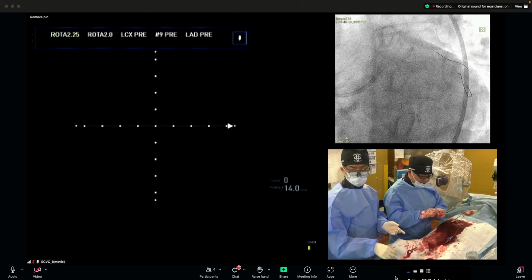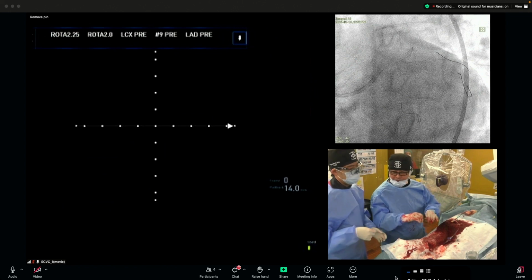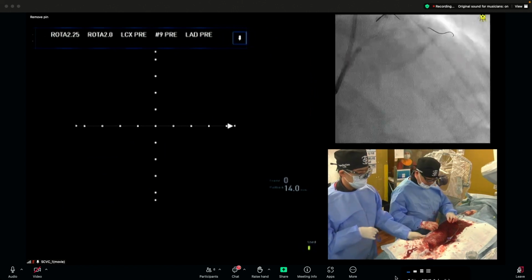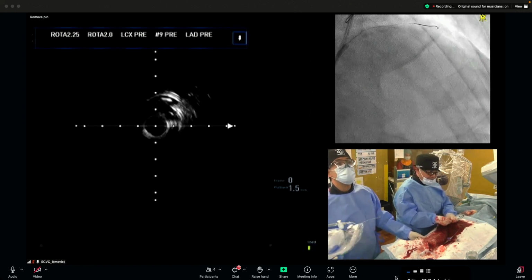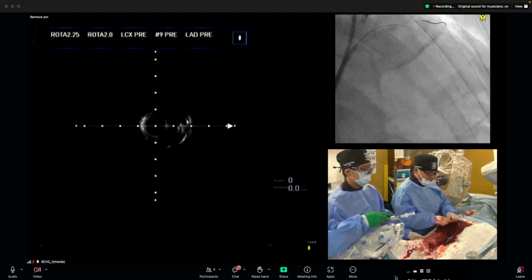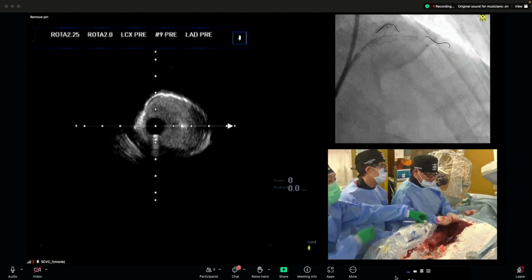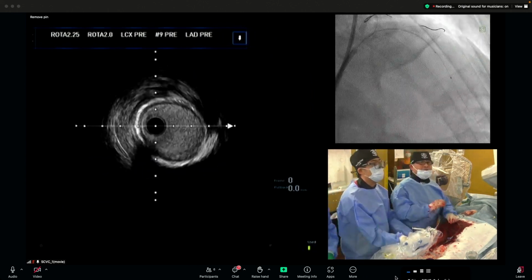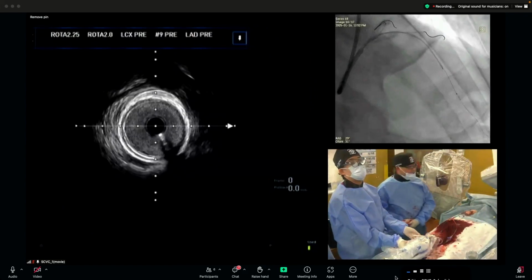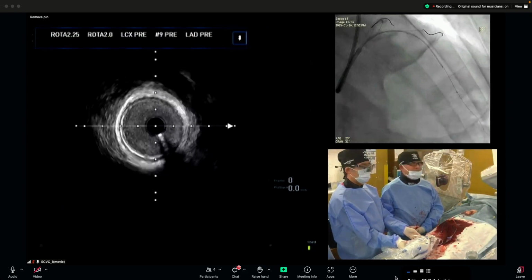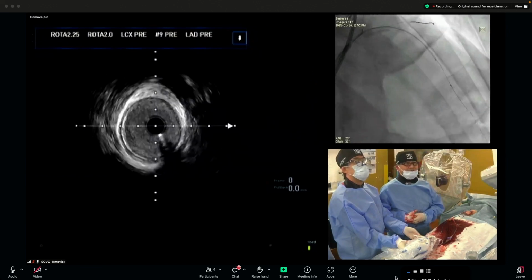Yes, this is the IVUS. Please show the real-time IVUS image, because 10 minutes remain.